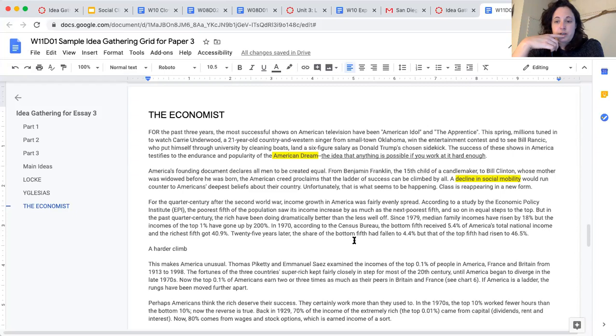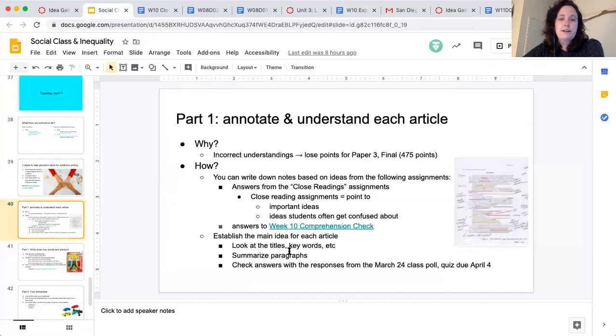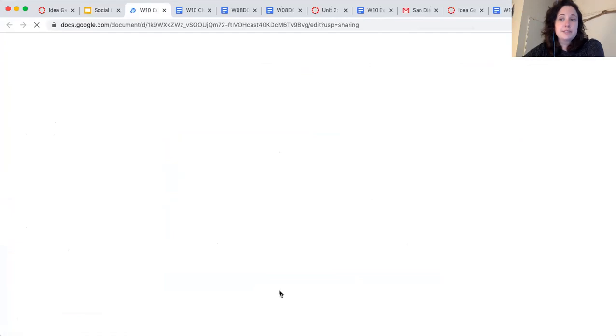Here we've got a paragraph that, if you're reading it for the first time, might feel a little hard to read through. So one thing you can do is use these links to the different documents.